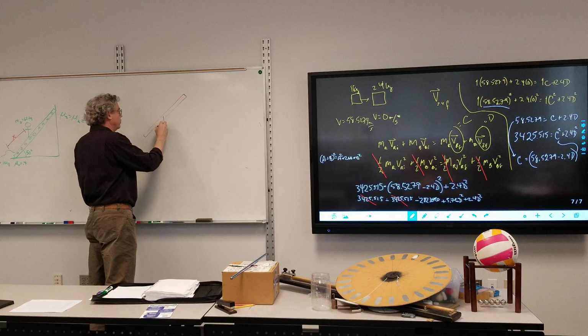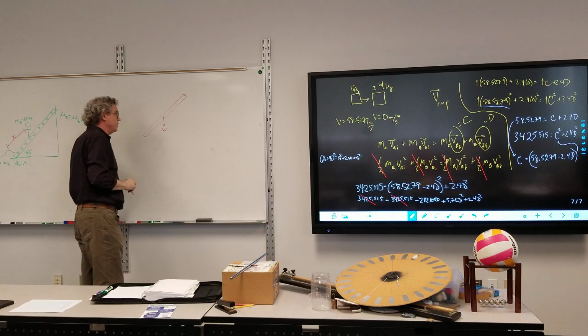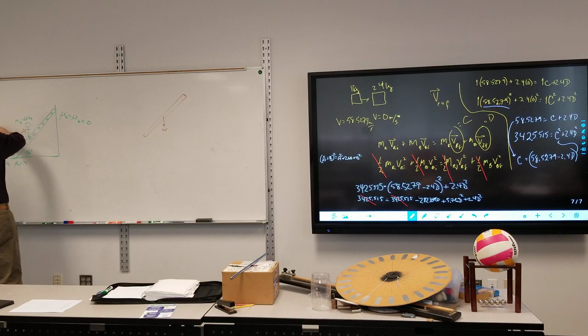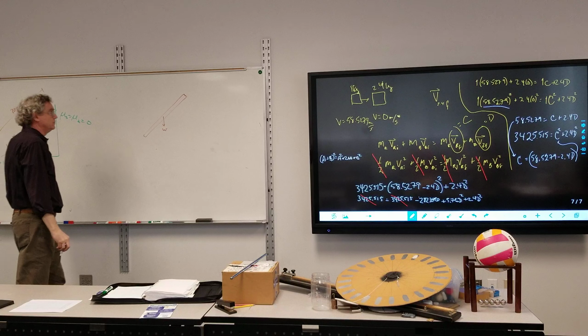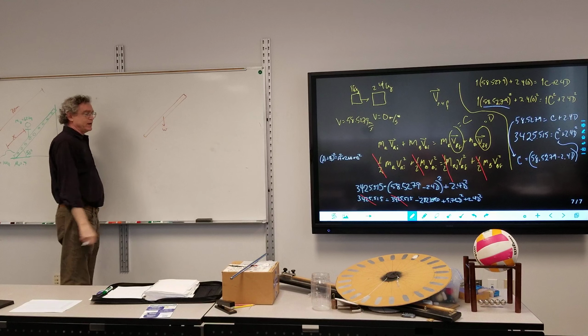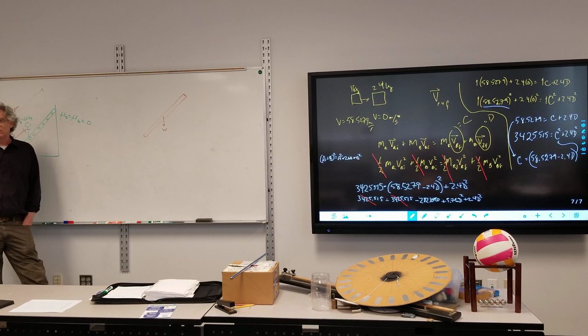We assume a uniform distribution, so the weight's acting in the middle. Oh, I do need to give a length here. Why don't we make that 20 meters long? So 10 meters up, the weight's acting downwards. That's one of the questions of where. In the middle.